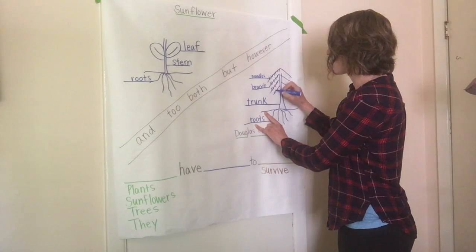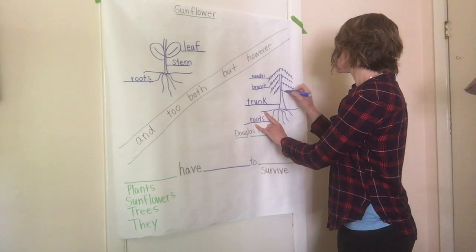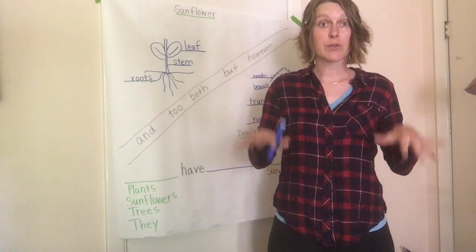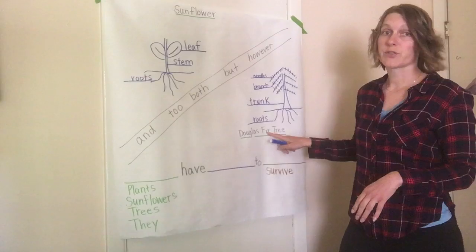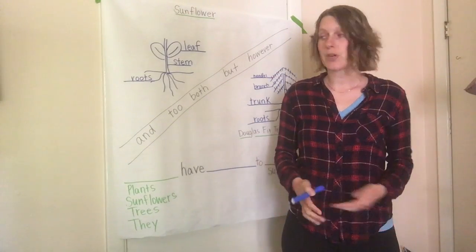The needles are prickly, but other than that, they are similar to leaves. Some trees have leaves, those are called deciduous trees, and some trees, like the Douglas fir tree, have needles. Those are called coniferous trees.